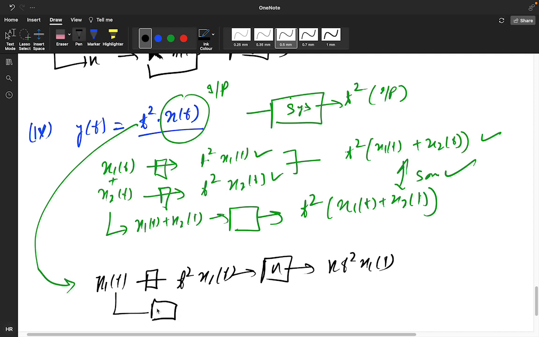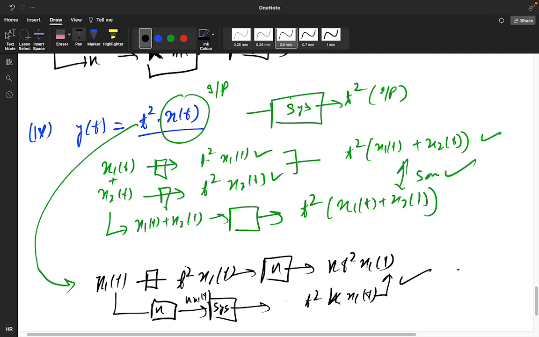First you do a scaling, then you pass it through the system. Then what will you get? The input is k x1 of t, so it's just multiplied with t square: k t square x1 of t. Both are same. So the law of homogeneity passes. So it is a linear system only.